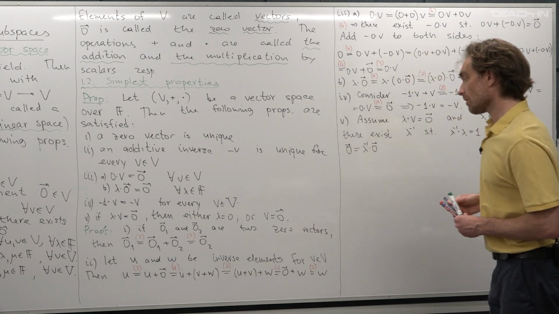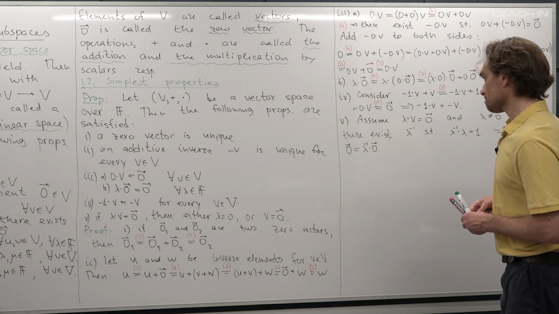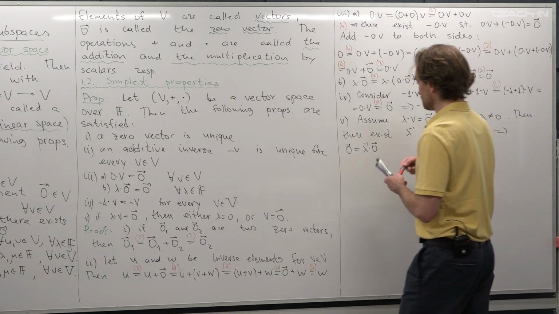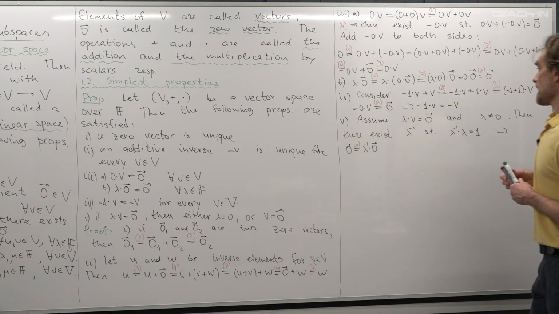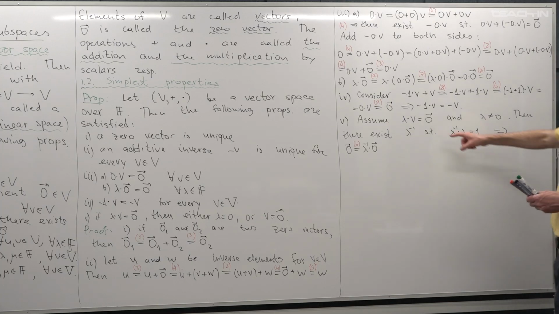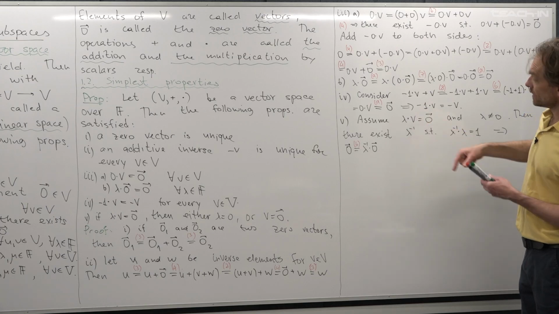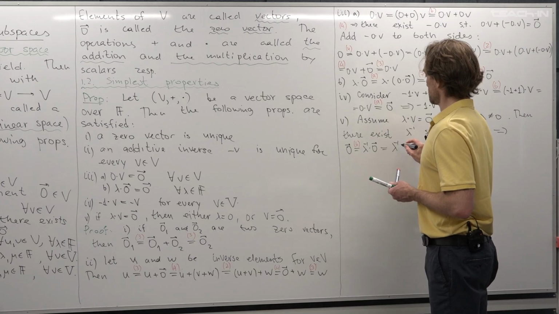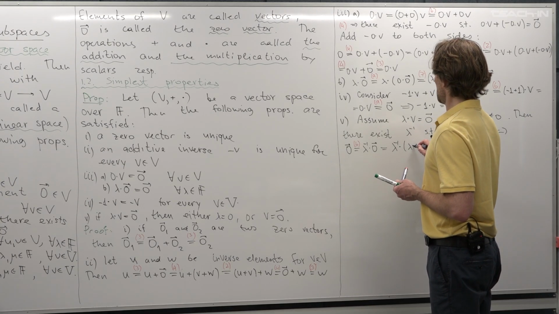So it follows from the property B. And then, according to our assumption, lambda multiplied by v is the 0 vector. So we can write it like lambda to the minus 1 multiplied by lambda v.